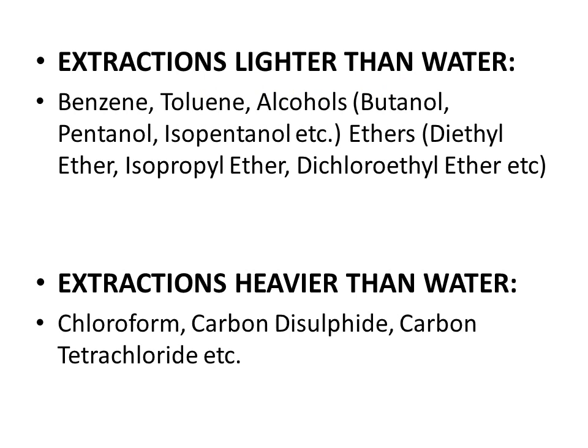If we are using organic solvents like benzene, toluene, alcohols including butanol, pentanol, isopentanol, etc., then ethers including diethyl ether, isopropyl ether, dichloroethyl ether, etc., these solvents are lighter, meaning their density is lower than water, so they will make the upper layer. So the extract will be in the upper layer in the case of these solvents.